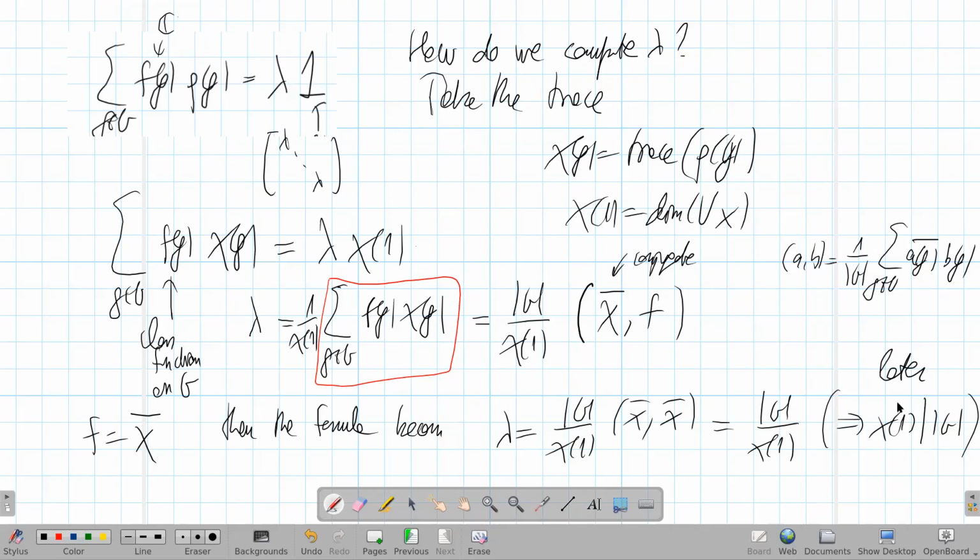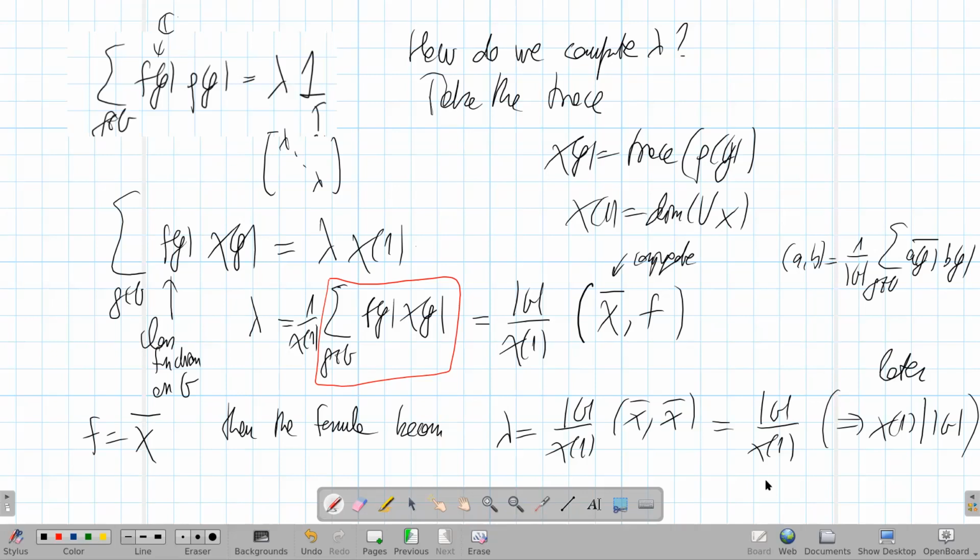So later we will see that the fact that we obtain this lambda with the particular choice of f in this form will imply that the degree of a character divides the order of G. So this puts a restriction on the dimension of the irreducible representations of a finite group. I mean, its degree has to divide the order of the group.